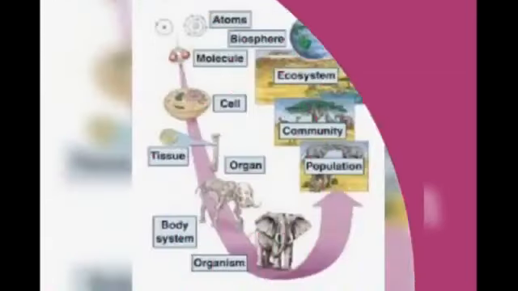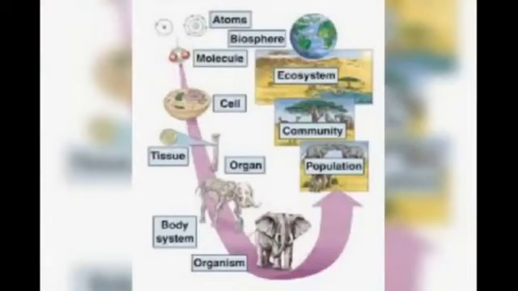We need to understand that every organism is not just a magical appearance. It has its own beginning. It starts with a small atom, then moves on to molecules. The molecules combine to form cells, into tissues, into organs, into body systems, into organisms.